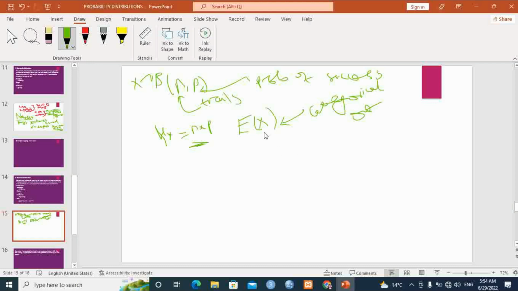We have talked about this type of calculations, where we said expected value is np. n is the number of trials and p is the probability of success.